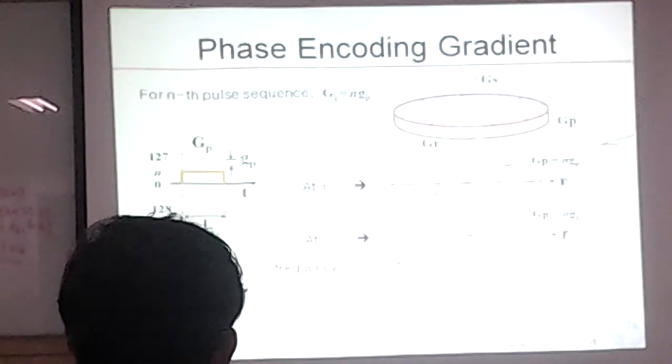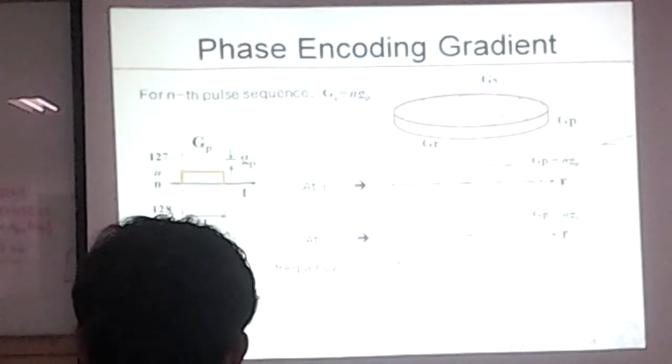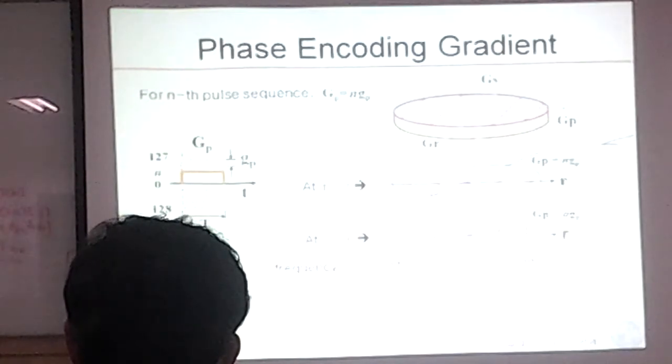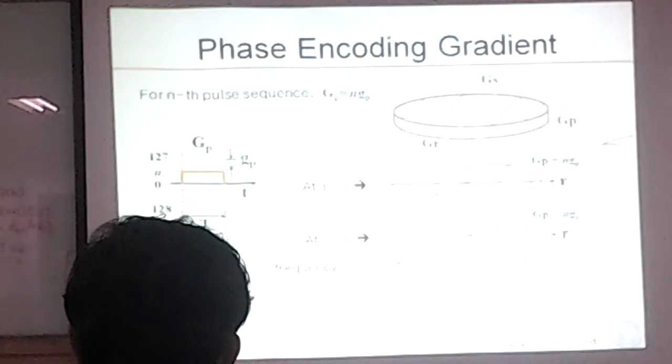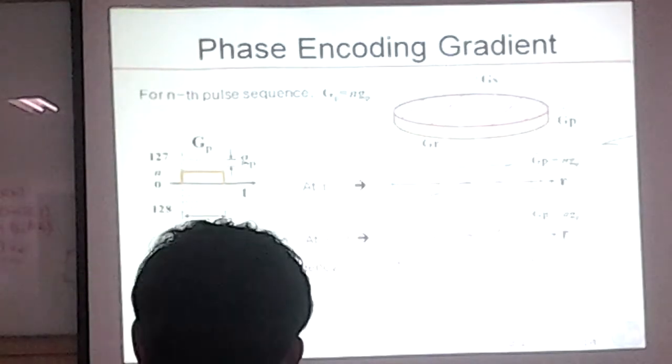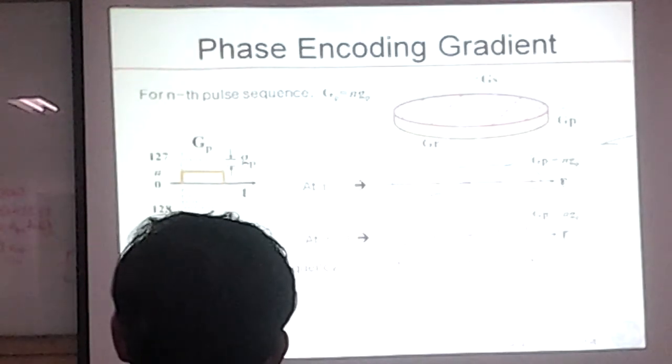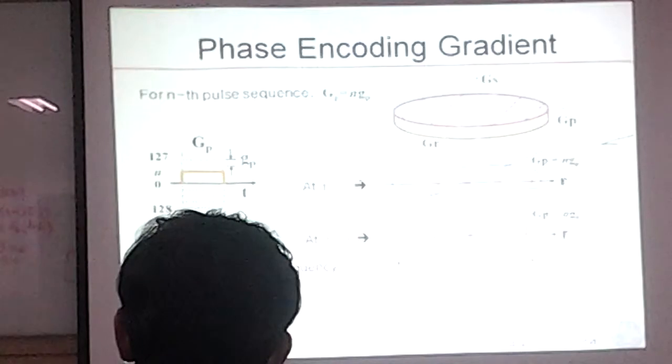So this is an example of the phasing by applying the phase encoding gradient yellow waveform. This phase should be changed according to the various phase encoding gradients. This slide shows an example of phase encoding by varying the magnetic field gradient strength.